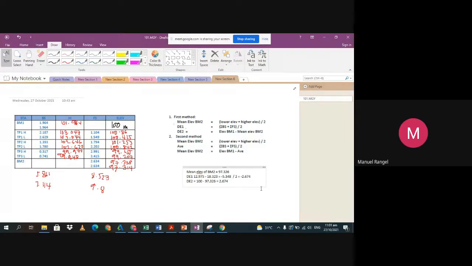Elevation of BM1 plus 2.674. So 102 plus 2.674. So that is equals to 100. So dapat mag-equal siya sa mean elevation of BM2.